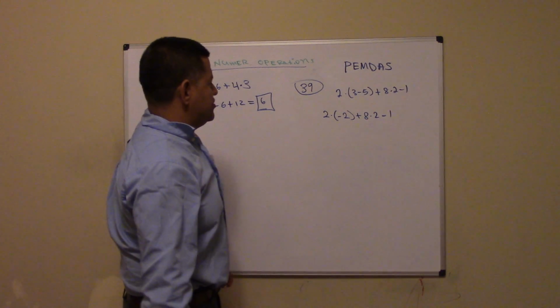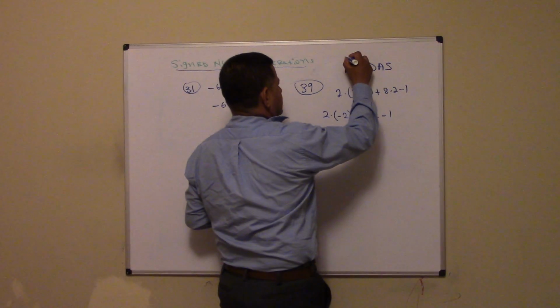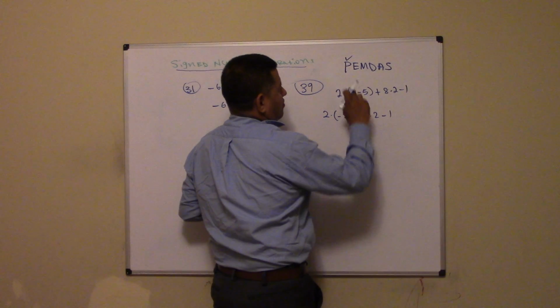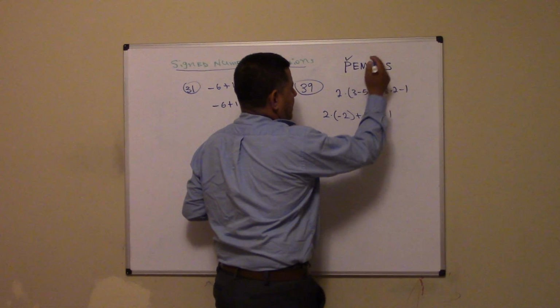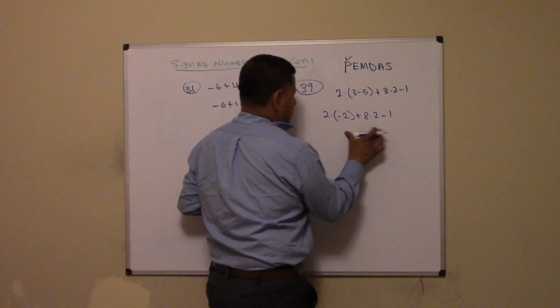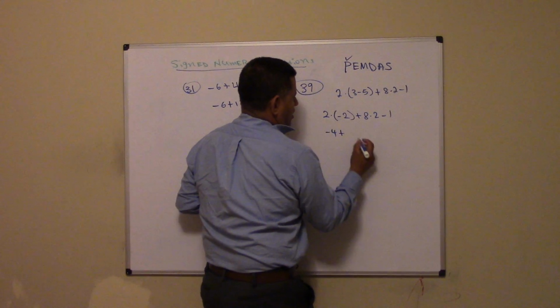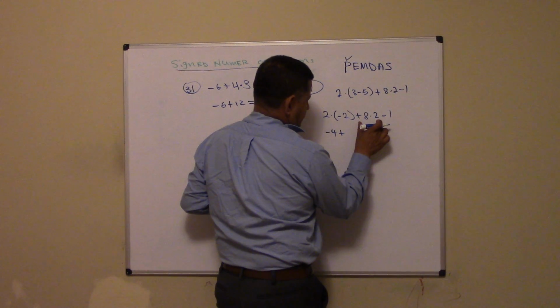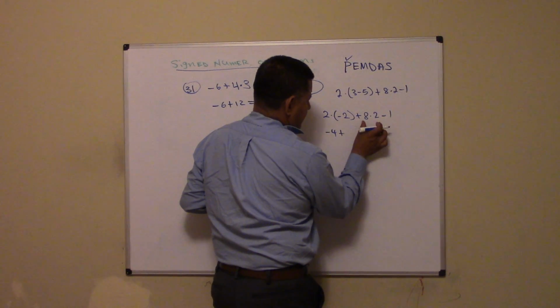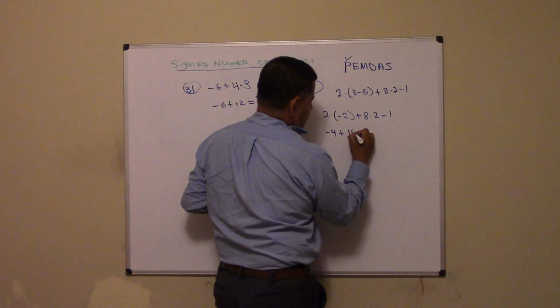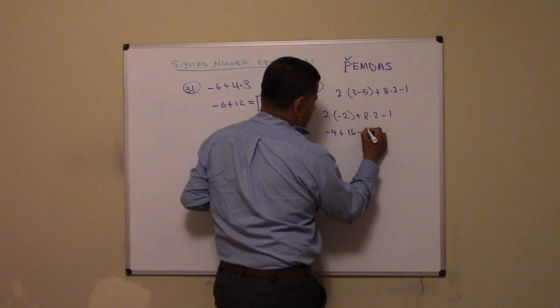Now the next operation, so I already did this. Now I don't have exponents, but I have a multiplication, right? So then I do multiplication and I do negative 4 plus 16, right? 8 times 2 is 16 minus 1.